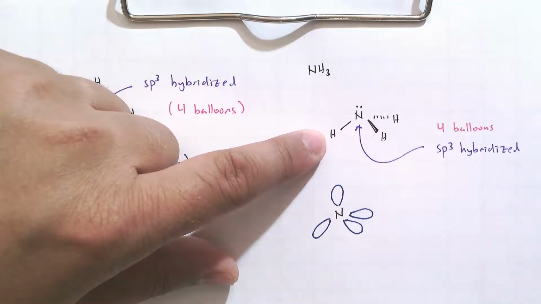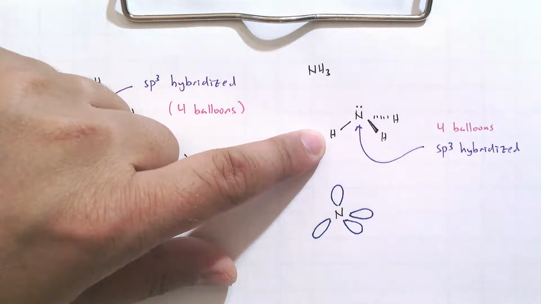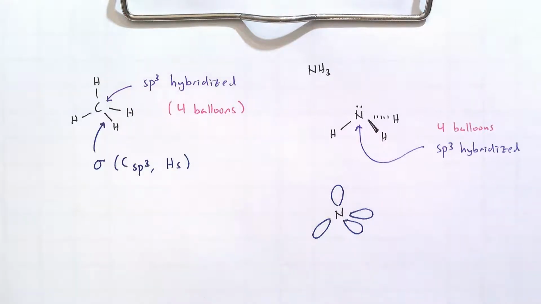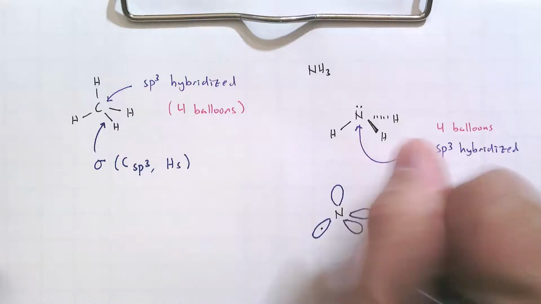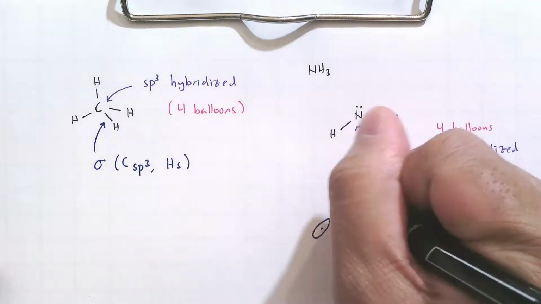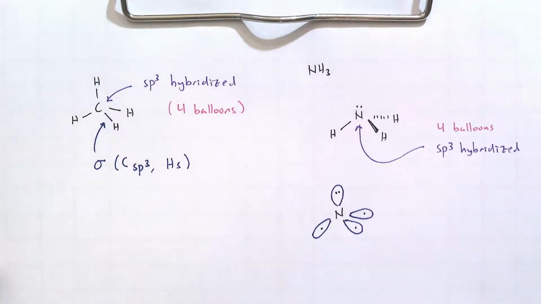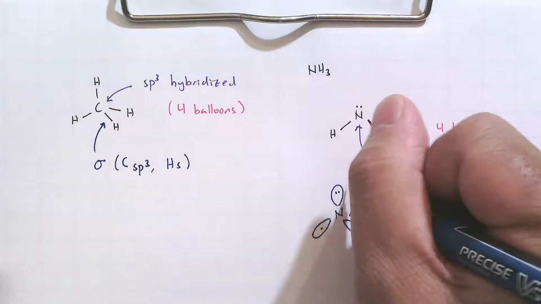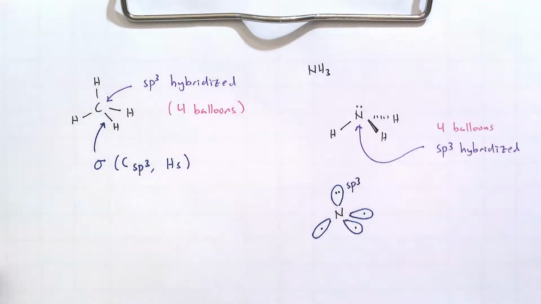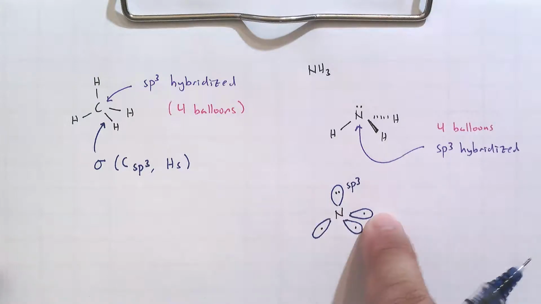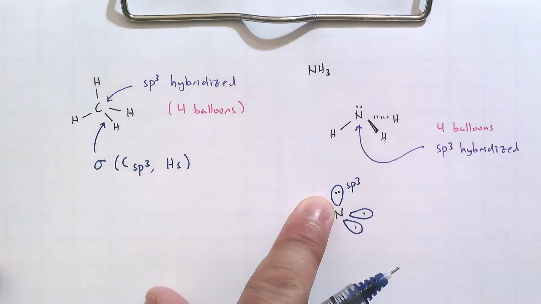This was all discussed when we talked about molecular geometry. How many valence electrons does nitrogen have? Nitrogen has 5 valence electrons: 1, 2, 3, 4, 5. Still, all of these blue lobes are sp3 orbitals: sp3, sp3, sp3, sp3. It's just that one of them has a lone pair.